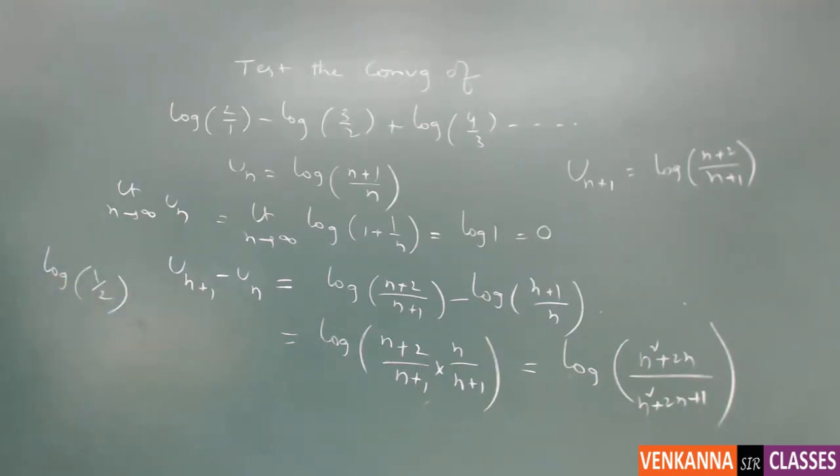If you consider log of 1 by 2, it will be negative. Whenever the value for the logarithm lies between 0 and 1, its value will be negative. You know that or not?